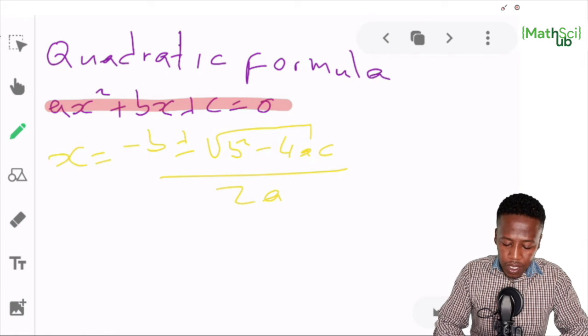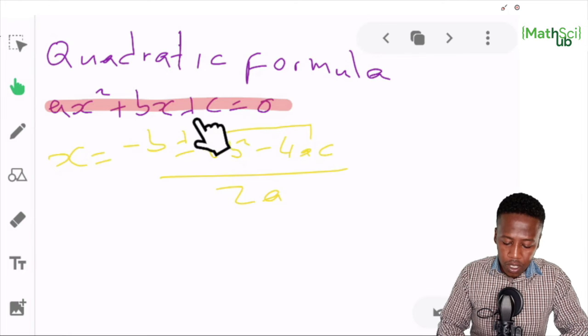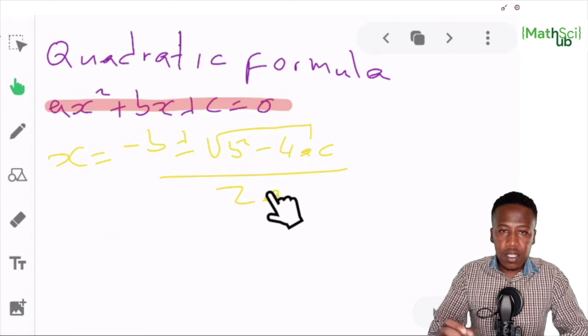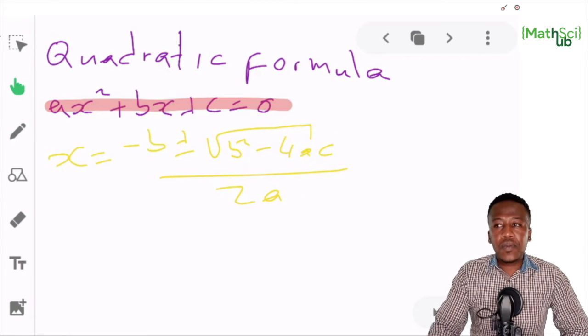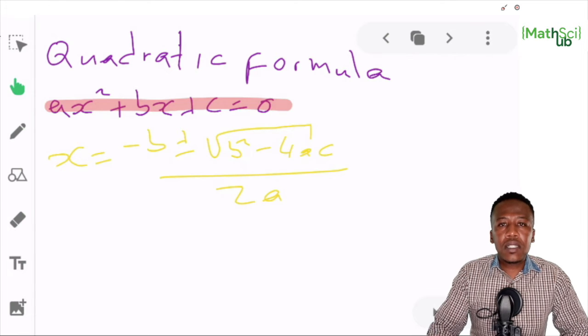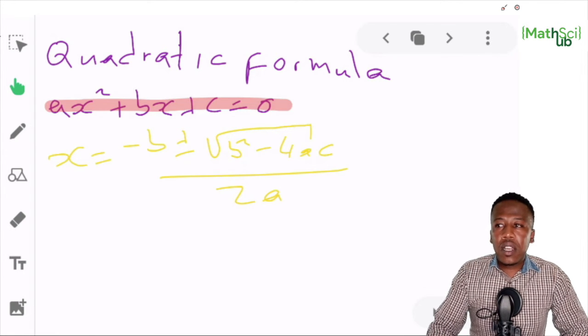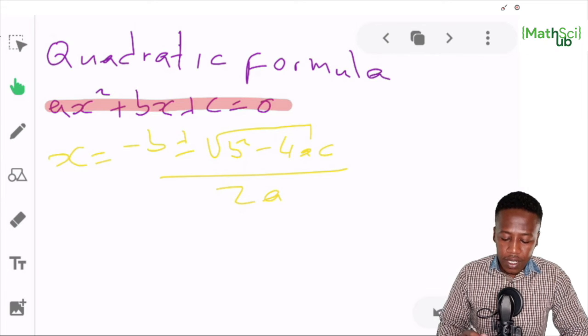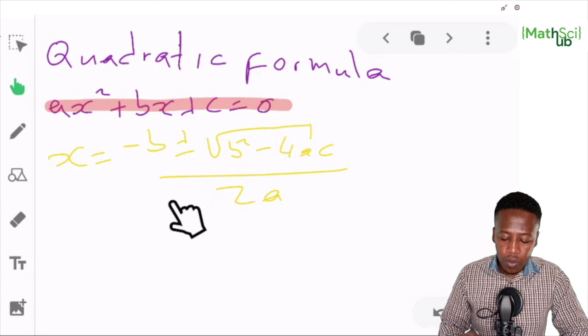Now if you complete the square on this quadratic equation, you will end up with your quadratic formula. And this is actually a nice way of practicing how to complete your square. You actually get to understand the method of how to complete the square.